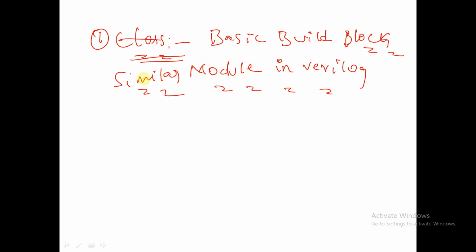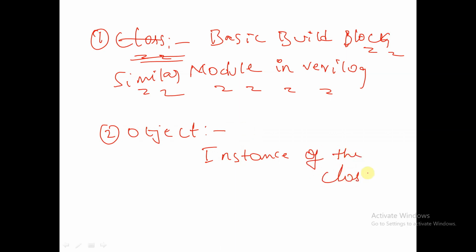And coming to object, it is similar to an instance. So basically an object is an instance of a class, which is similar to the instantiation in Verilog.